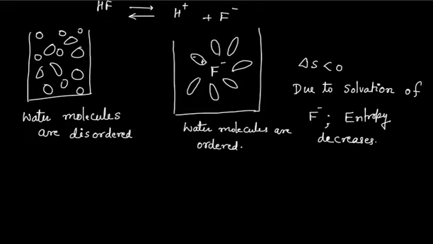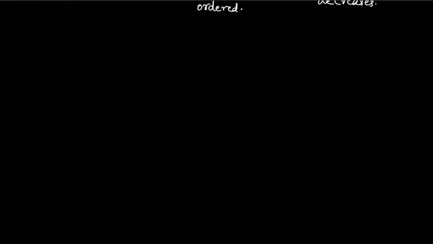Now come to the original point, that is the dissociation of HF. HF dissociates to give H plus plus F minus. The equilibrium constant for this reaction is K. Let us say initially I have C mole of HF in 1 liter solution, that is, the concentration of HF is C. Initially I don't have any H plus or F minus.